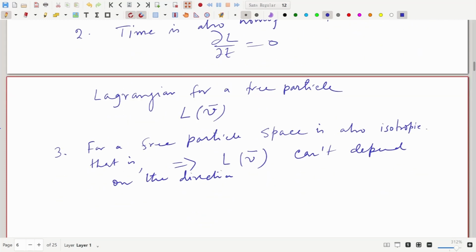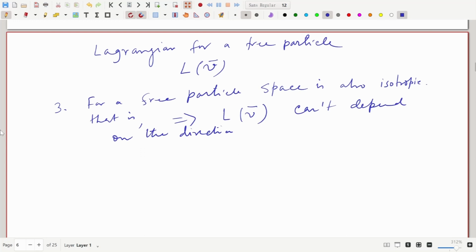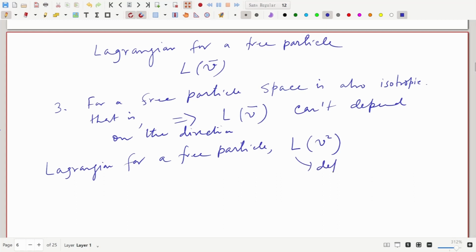So with these three properties, space is homogeneous, time is homogeneous, there is translational invariance, and space is also isotropic, the Lagrangian for a free particle depends only on the magnitude of the velocity, that is v.